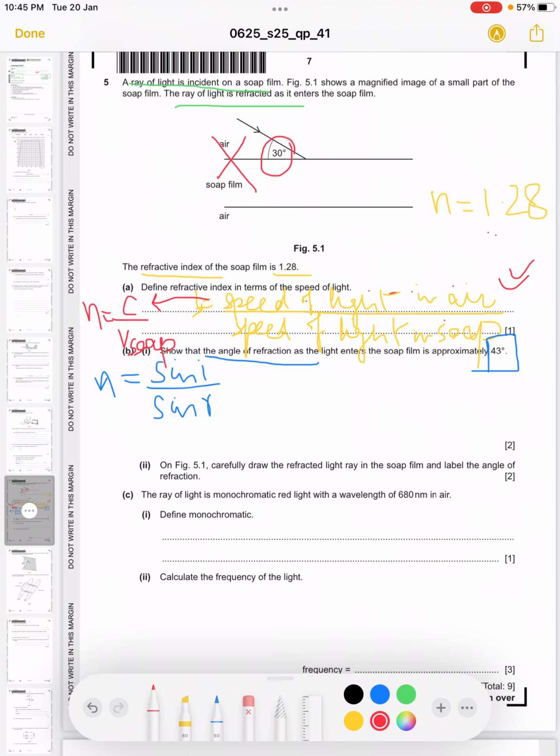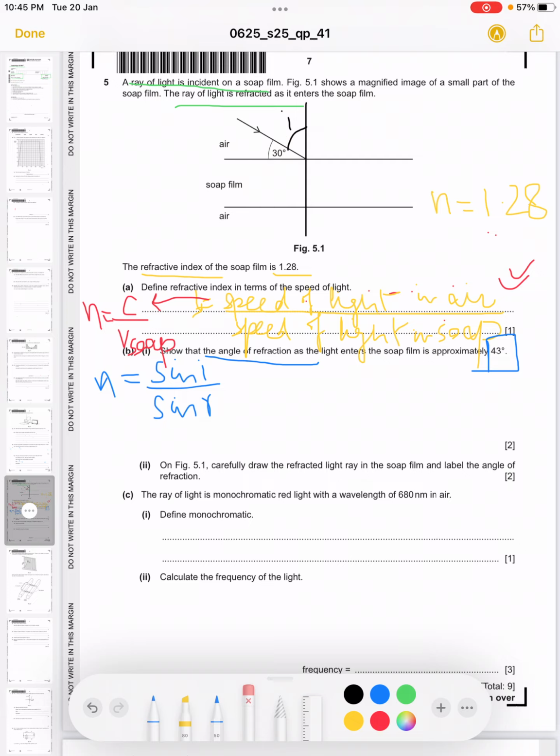How will we find it then? Just by drawing the normal. The incident angle is always measured from the normal to the incident light. This is the incident angle, so I am removing this one.